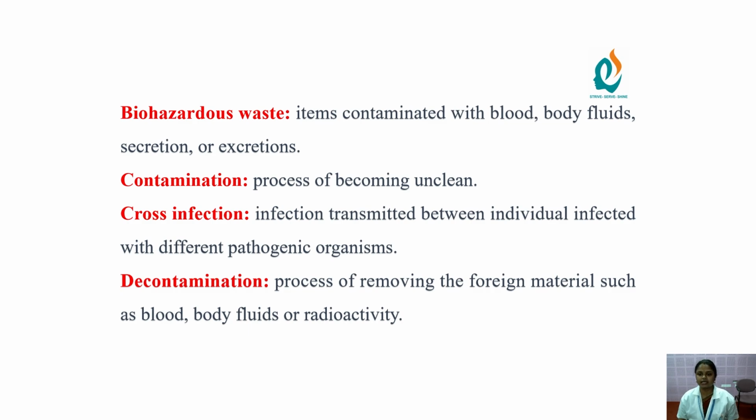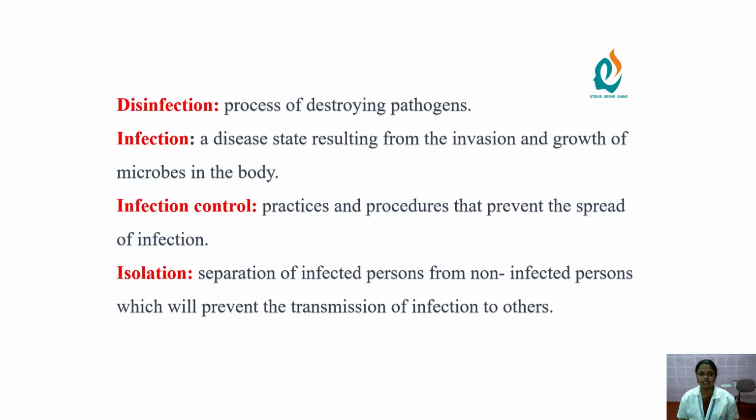Biohazardous waste, items contaminated with blood, body fluid, secretion or excretion. Contamination, process of becoming unclean. Cross infection, infection transmitted between individuals infected with different pathogenic organisms. Decontamination, process of removing foreign materials such as blood, body fluid or radioactivity.